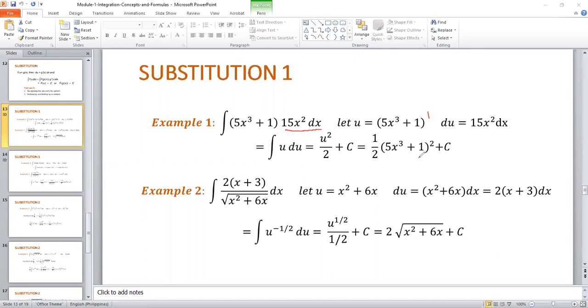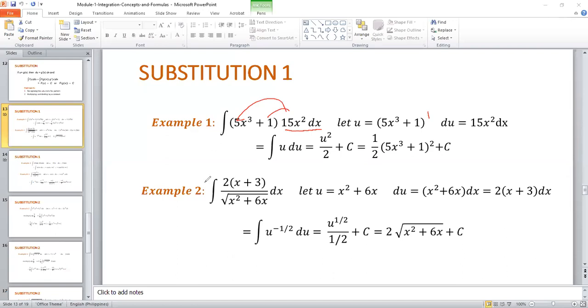Isn't this rather easier than the one wherein you are to distribute? Probably there will be some or a lot that will be disagreeing with me, but I find this easier compared to having to distribute. But there's nothing wrong with distributing and using power rule.